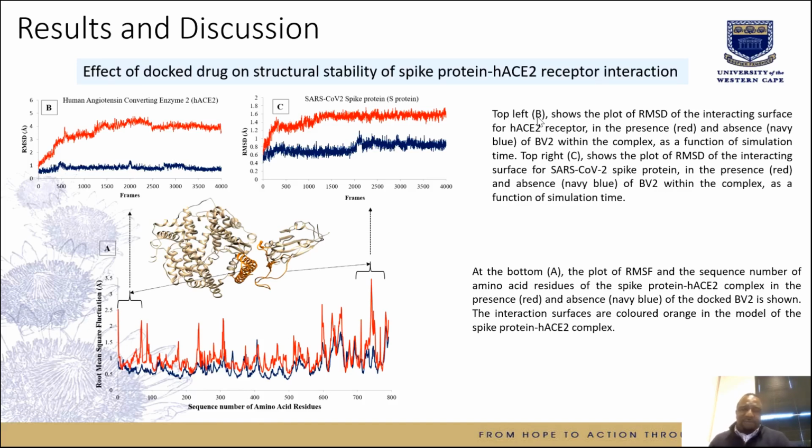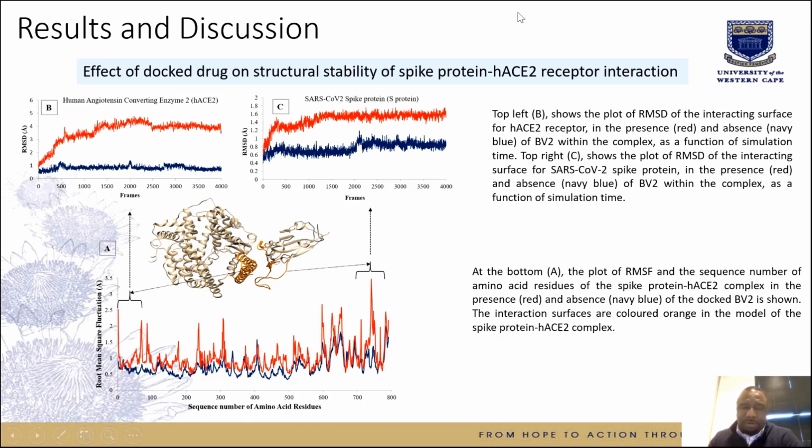On this graph, we now look at the stability of that complex. Now, looking at the spike protein, the DUCT compound, and HACE2 on one hand, and the spike protein and HACE2 alone on the other hand.